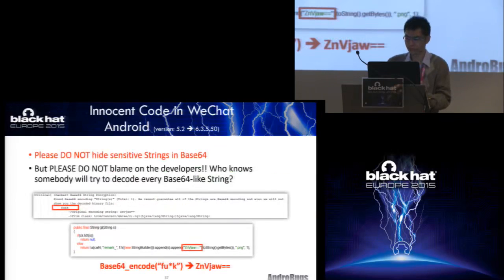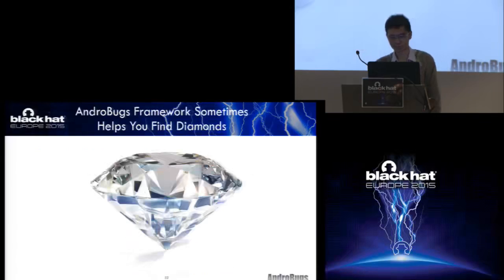And this is a very interesting code, and I truly think the developers were innocent. In an earlier version of WeChat Android, you can find the developers encoded this word into a base64 string. But don't blame the developers. Who knows that somebody like AndroBugs will try to decode every base64 line string. So AndroBugs will sometimes help you find diamonds, just like the interesting finding in WeChat.